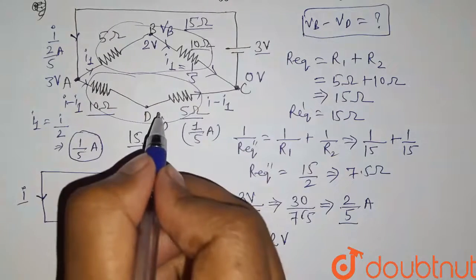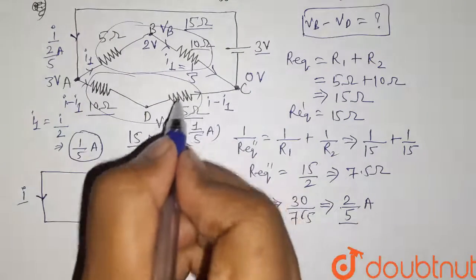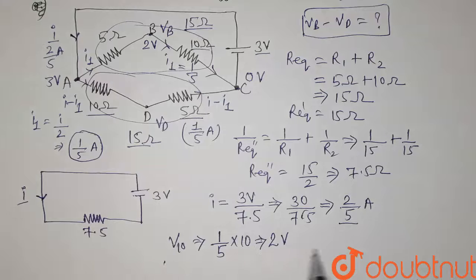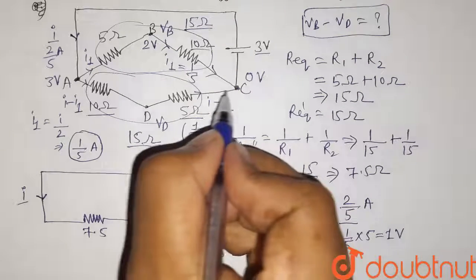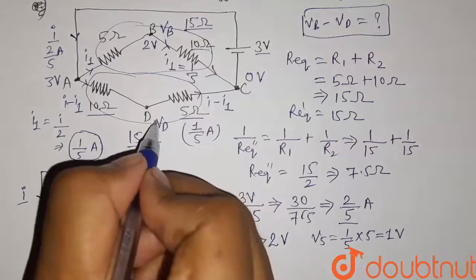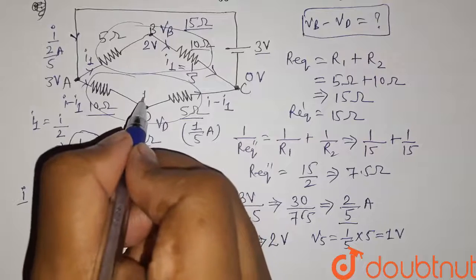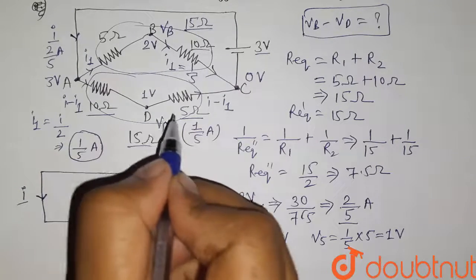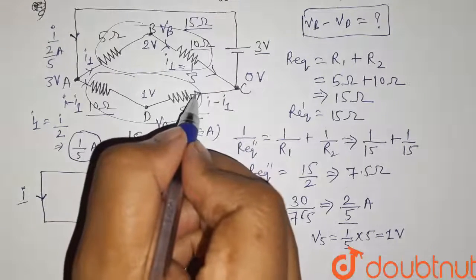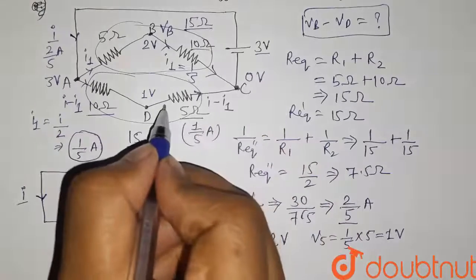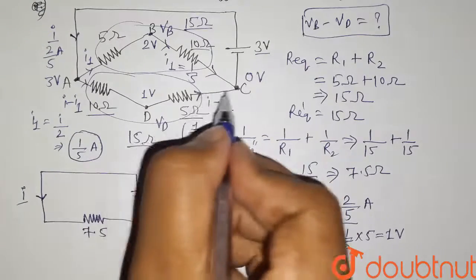Now similarly, the potential difference across this 5 ohm resistance will be equal to 1 upon 5 into 5, and that is equal to 1 volt. So the potential of this point VD will be equal to 1 volt, because the direction of current here is in this direction, and in the direction of current the potential decreases.